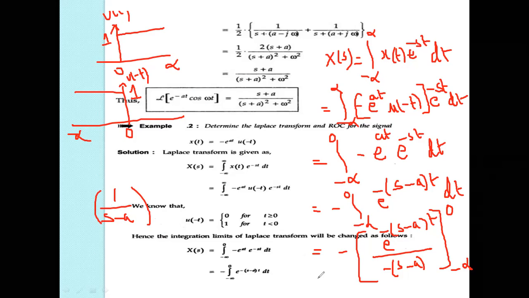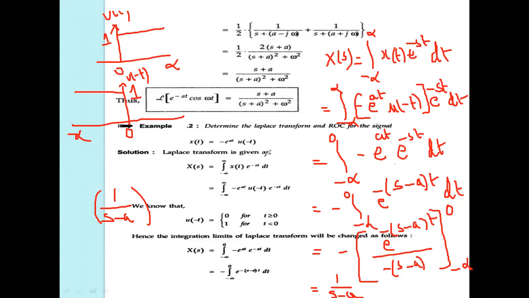The Laplace transformation is equal to 1 by s minus a. Got it, students? So for the positive exponential, 1 by s minus a, and for the negative exponential it is s plus a.